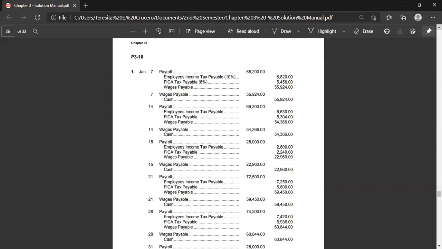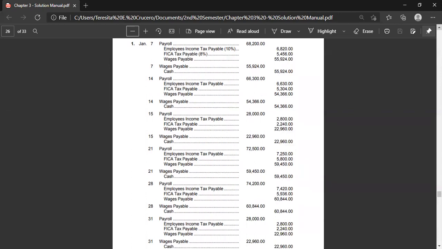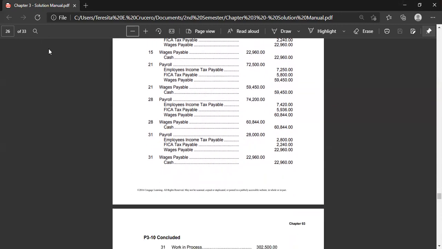And finally, on the 31st, we have the accrued wages. So accrued wages, in other words, no payment, we debit to payroll for 28,000 and then credit to employees income tax payable, credit to FICA tax payable, and the balancing figure credit to wages payable. So we finally debit to wages payable and credit to cash.